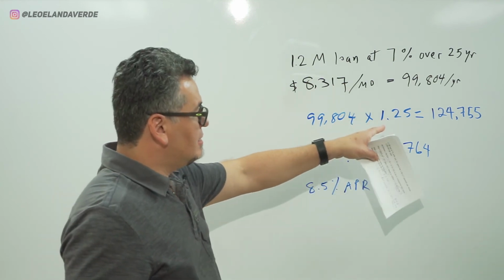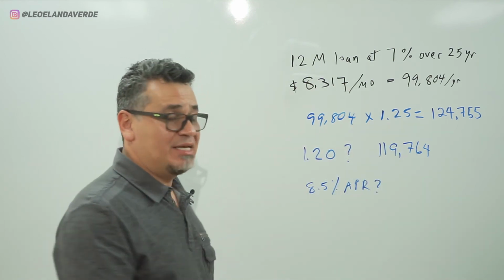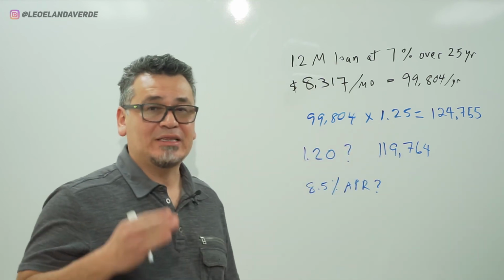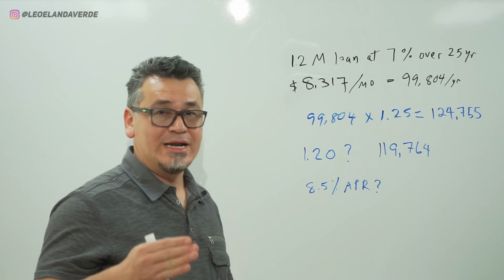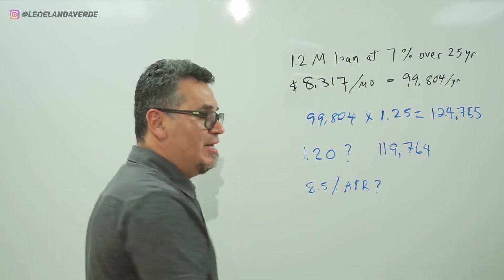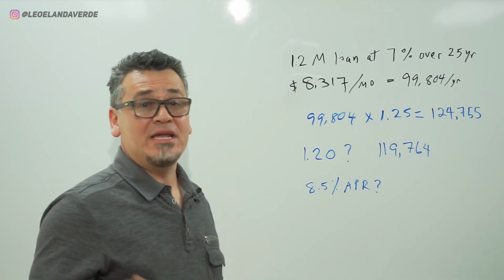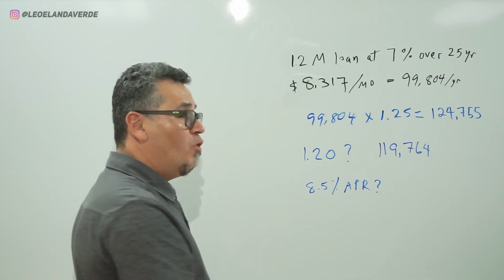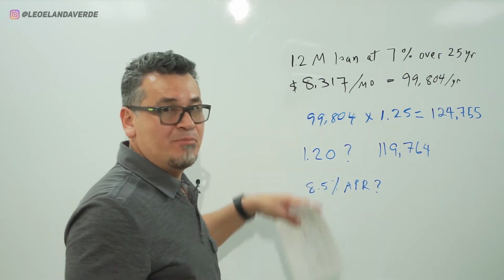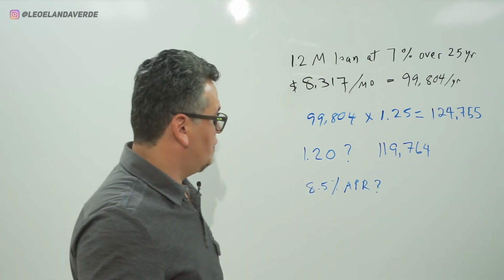Less debt coverage. You know, this is basically a buffer. In the 1.25 case, the bank is saying, I want you to have at least 25% more net operating income than you do debt service. And when times are booming, banks are a little more lenient, so they're gonna lower your overage. So in this case, it's gonna be 20% cash flow over debt service.